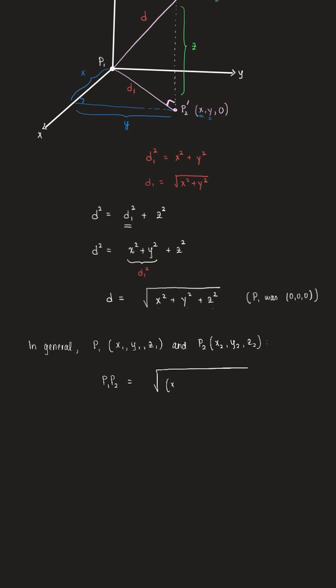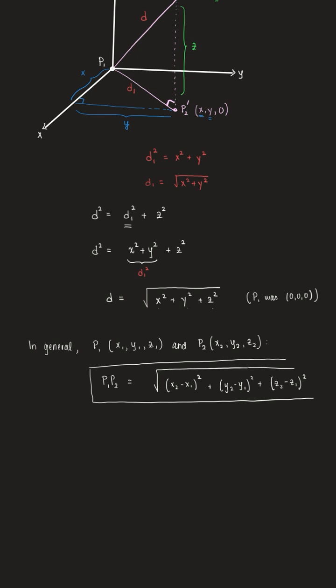So it's x sub 2 minus x1, squared. I didn't need to do that above because one of the points was 0, 0, 0. Plus y sub 2 minus y sub 1, squared. And then plus z sub 2 minus z sub 1, squared. And this is the distance between 2 points in space in general.